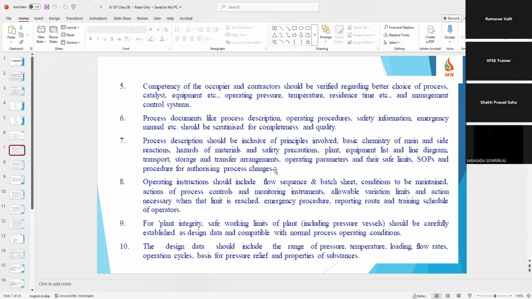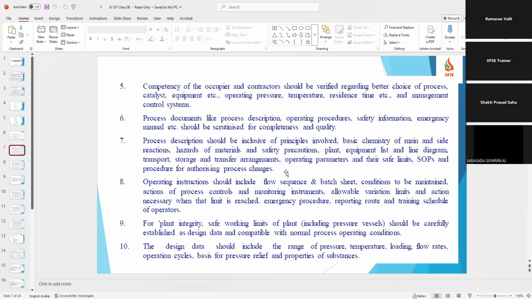SOPs and procedures are authorizing process changes.